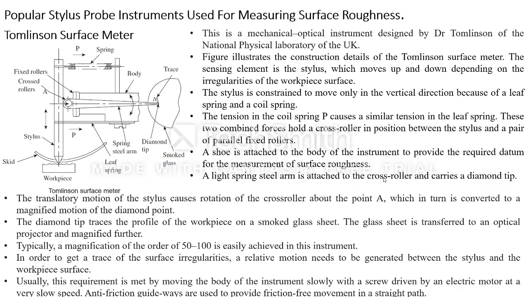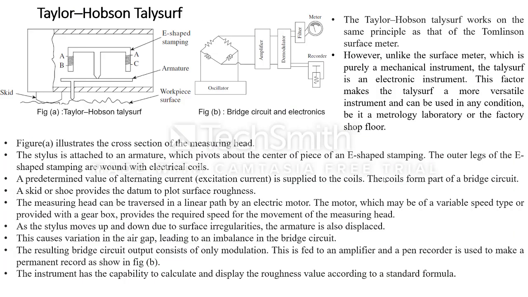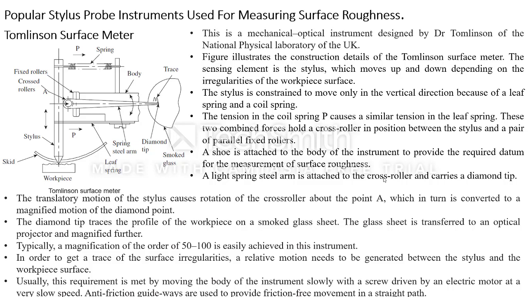Then the popular stylus probe instrument I discussed, the Tomlinson surface meter, which is purely a mechanical device. Then Taylor Hobson's Talysurf I have discussed, which is an electrical device having some more advantages than the Tomlinson surface meter.